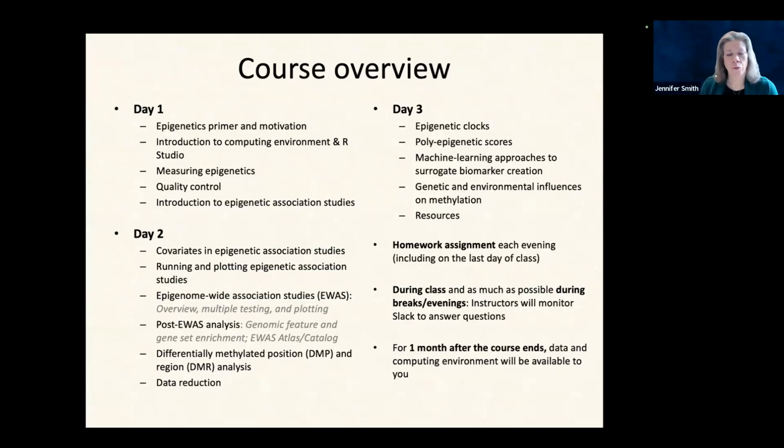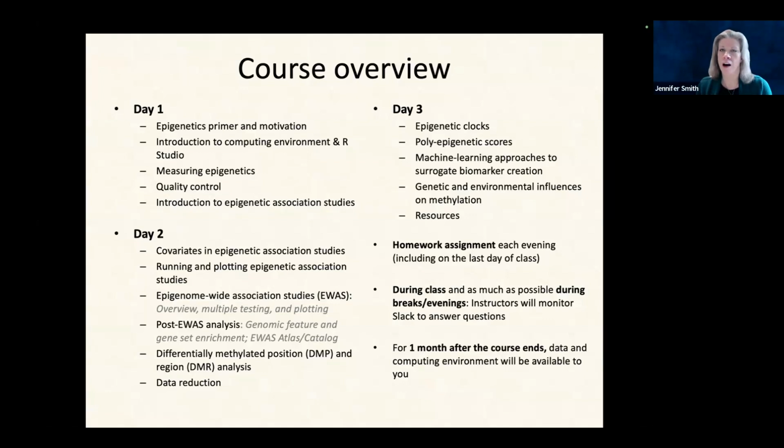In the second day, we'll have some epigenetic association studies, especially epigenome-wide. We'll talk about a lot of pieces there. We'll talk about running and plotting those association studies, and talk about multiple testing.